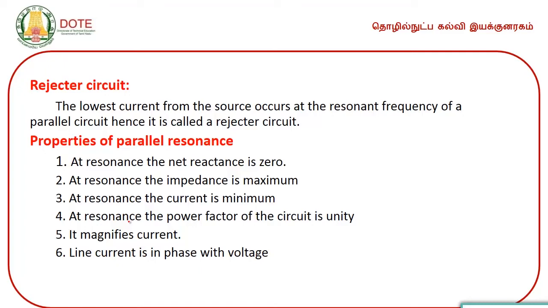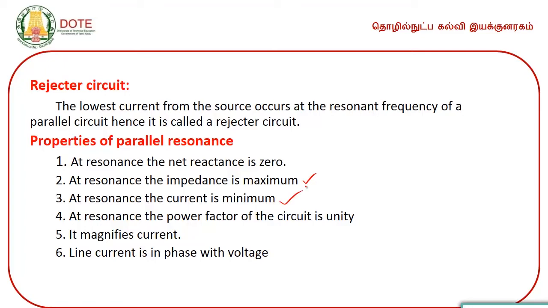Now, let us see a few properties of parallel resonance. At resonance, the net reactance is 0. Number 2, at resonance the impedance is maximum. You compare this with series, where the impedance is minimum. In a series resonance circuit the impedance is minimum, whereas in the parallel resonance circuit at resonance the impedance is going to be maximum. Also at resonance the current is minimum.